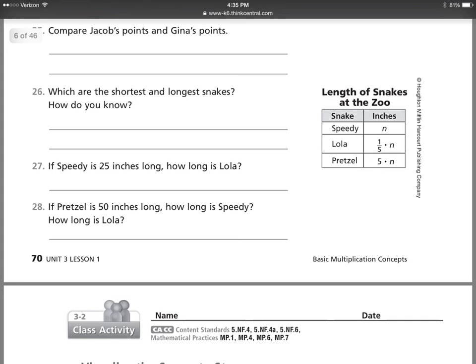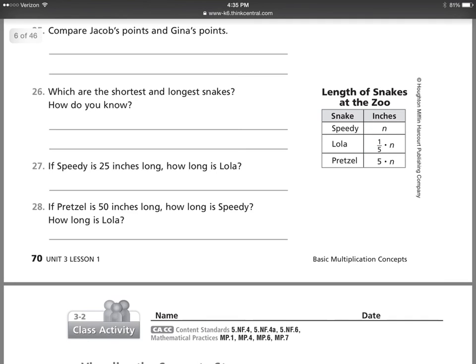Number 26 says, which are the shortest and longest snakes, and how do you know? Well, let's use the strategies that we have learned already. We know Speedy is n inches long. We don't know what that number is. It could be any number. But we know Lola is whatever Speedy is times 1/5. And we learned earlier that when you multiply a whole number times a fraction, you'll get an answer that's less than the whole number.